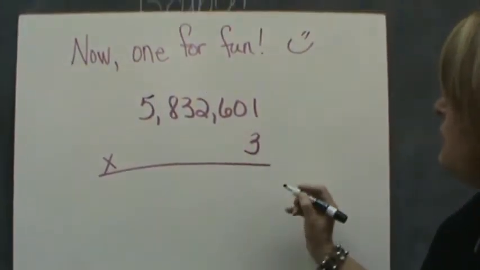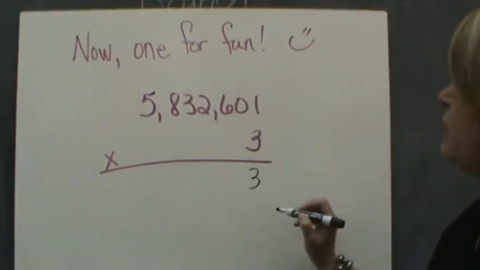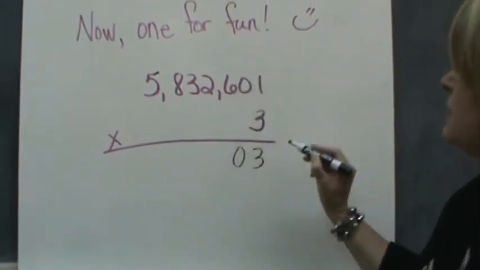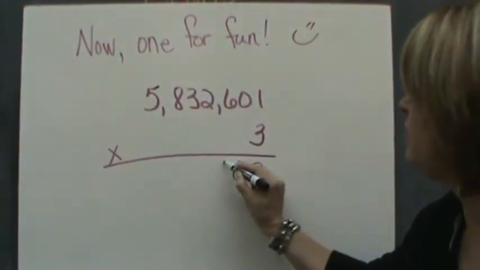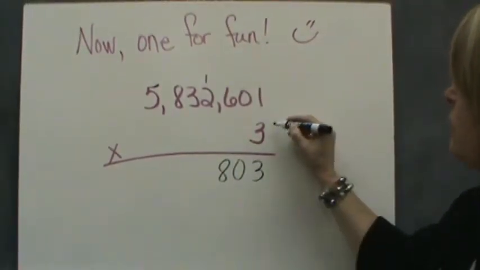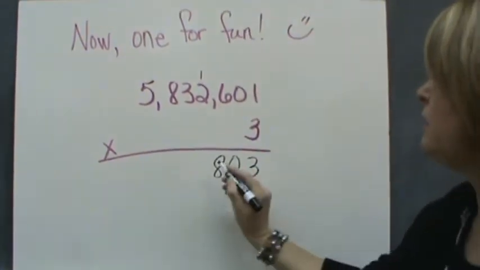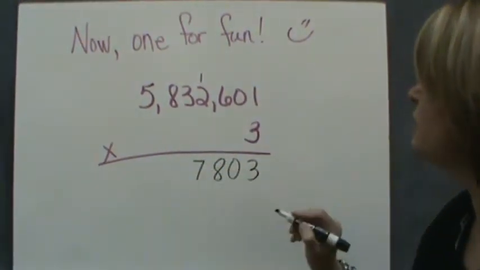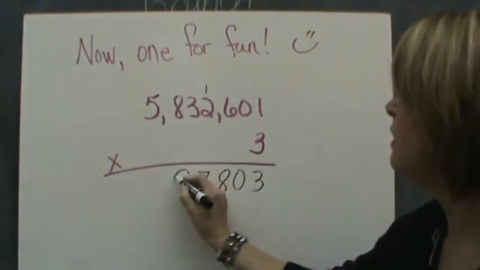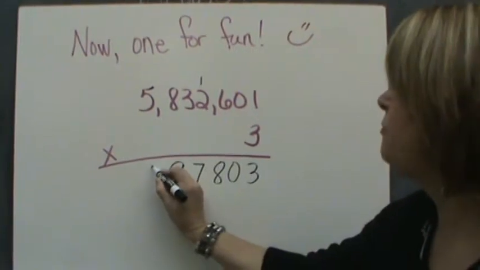All right, 5,832,601 times 3. Here we go. 3 times 1 is 3. 3 times 0 is 0. 3 times 6 is 18. So I have to carry my 1. 3 times 2 is 6. Plus 1 is 7. 3 times 3 is 9. 3 times 8 is 24.